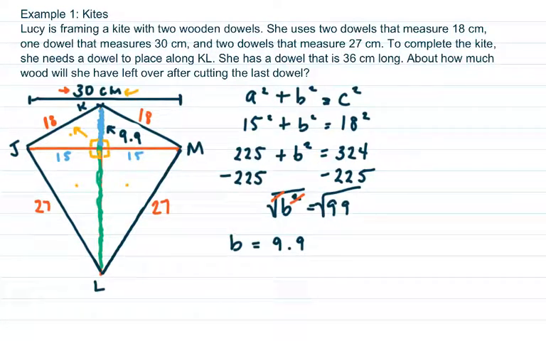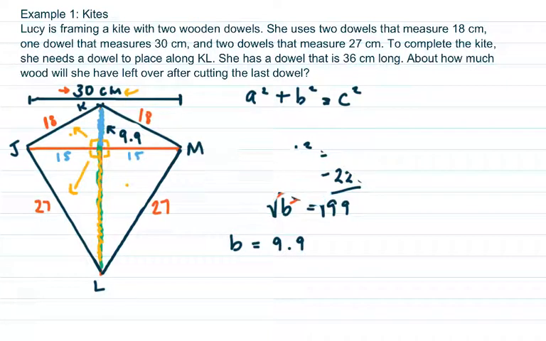I'm going to highlight this part yellow so you can tell what I'm talking about. So here, I'm going to use the same exact formula. And if I look across from the right angle, the longest side is 27, so that's going to be c. So I'm going to erase what's down here since we already have that b is 9.9.